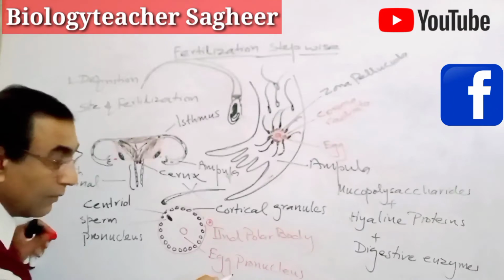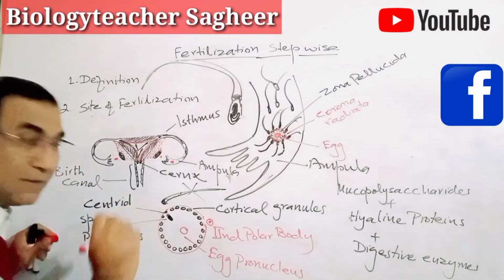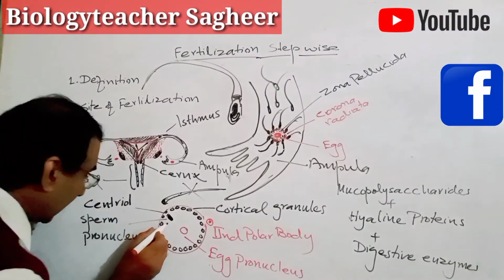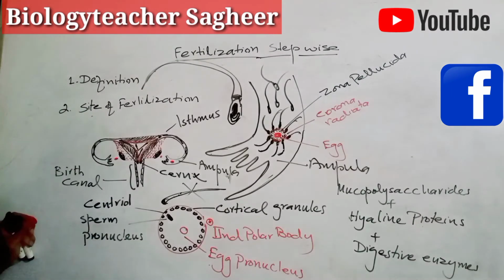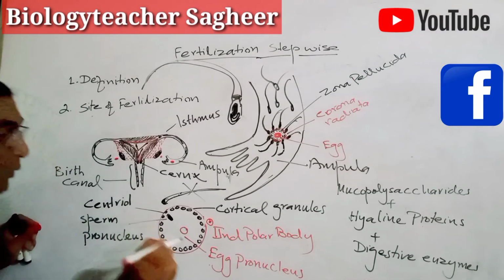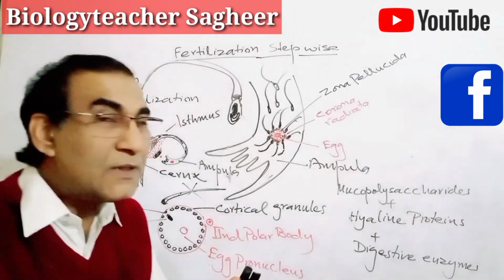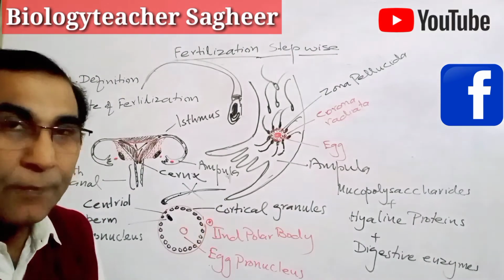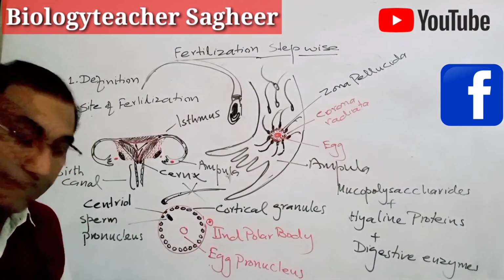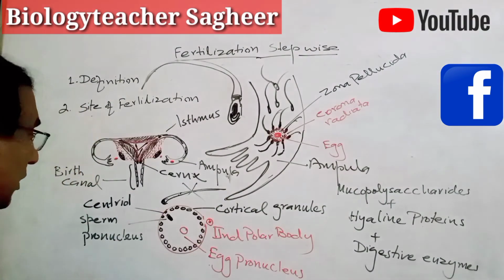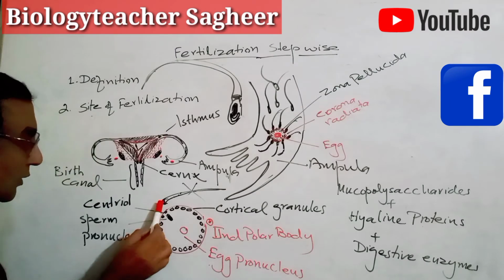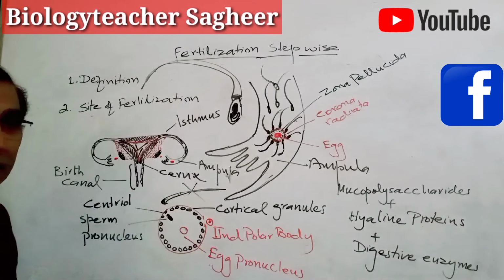This is now the egg pronucleus, and this is the sperm pronucleus. Clear? The sperm pronucleus enters first, and that is followed by the centriole. Make sure that the tail is discarded.